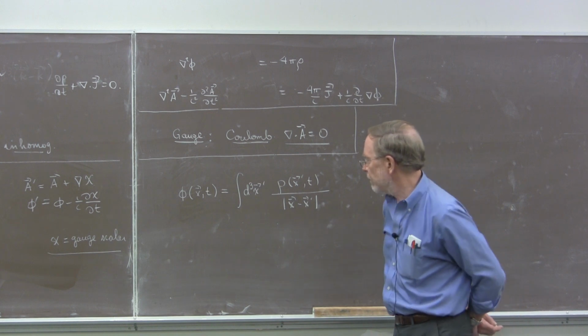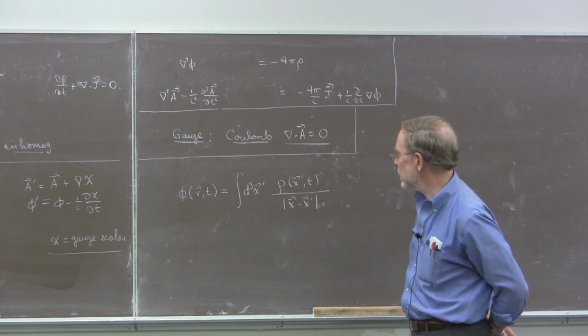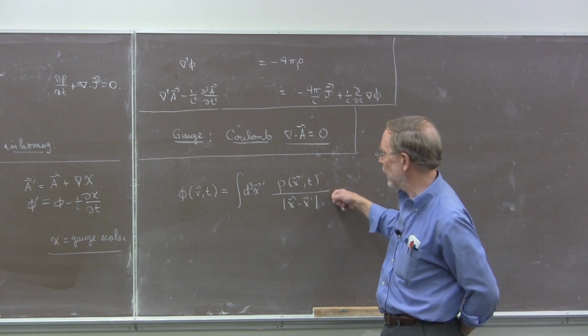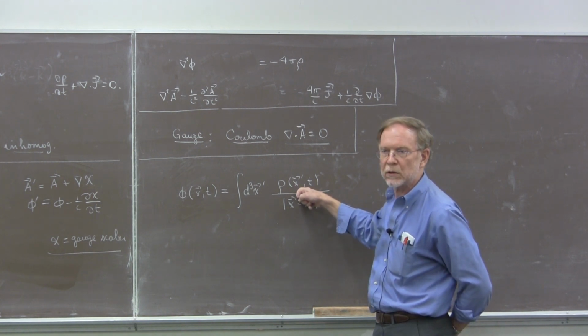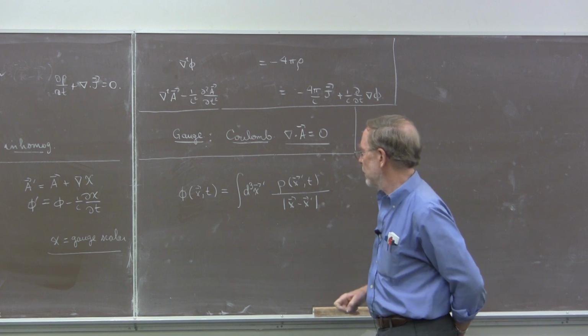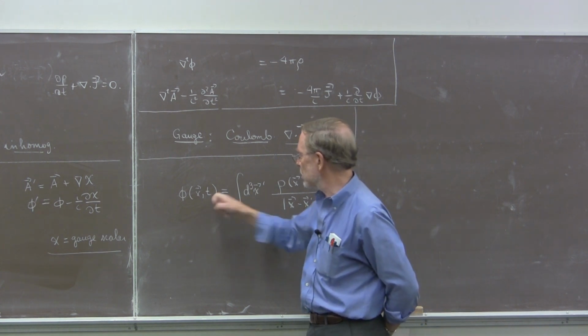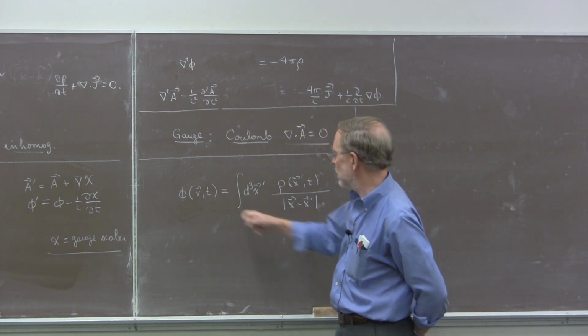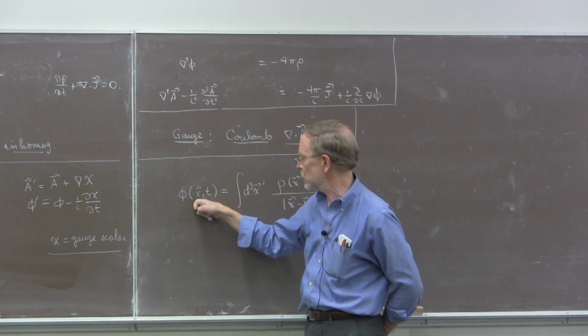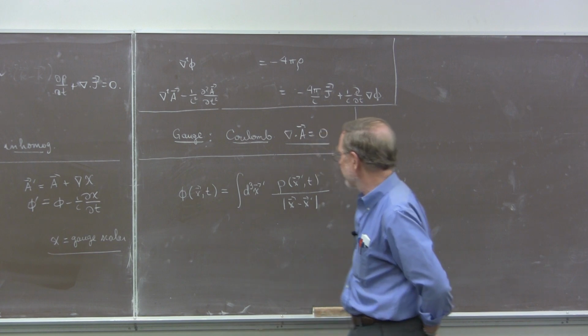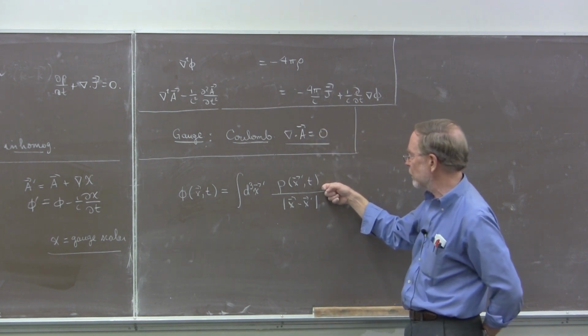Now, the main point to make about this is that this isn't quite electrostatics because we're allowing the charge density to be a function of time. And moreover, notice that the scalar potential at a position x at a given time t is determined by all the charges in the rest of the universe.